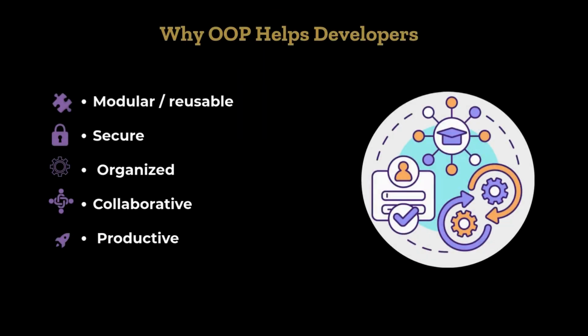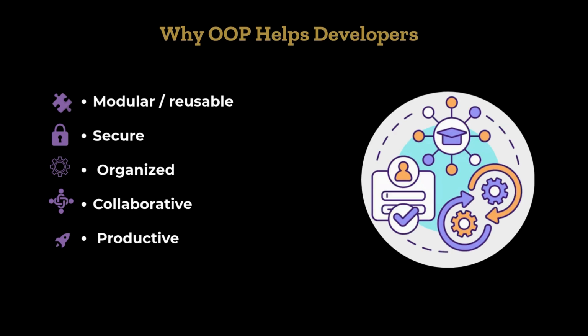Why OOP helps developers? Object-oriented programming helps developers by making software easier to design, understand, and maintain. It simplifies complexity by focusing on what the program should do instead of getting lost in the details of how it does it. Because OOP is modular and reusable, developers can save time.